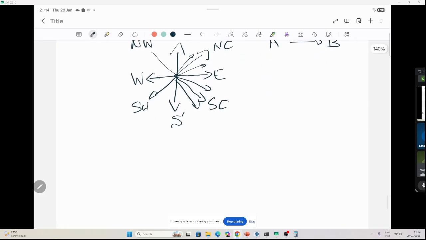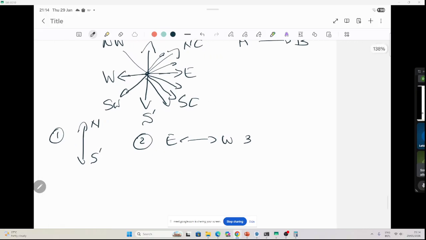So if I categorize this sailing type, the first sailing type is you can sail towards north or south. Second one towards east or west. Third one is a bit complicated.